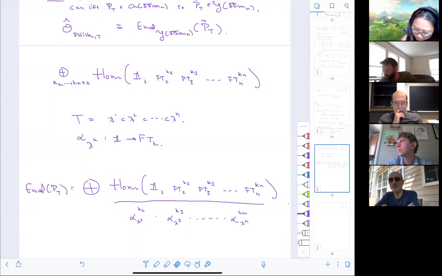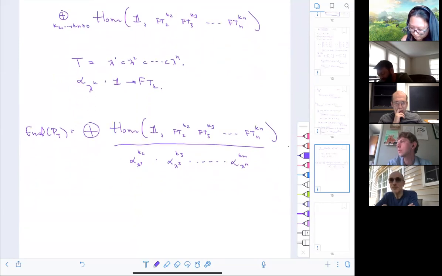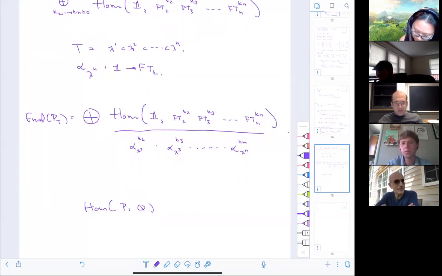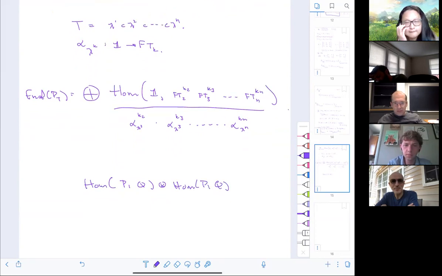But I would point out that if you have two idempotents, P and Q, you might guess that the Homs from P to Q should be an algebra because you can tensor morphisms. If you have a Hom from P to Q and another Hom from P to Q, you can put one on top of the other. Then their tensor product is a Hom from P squared to Q squared.